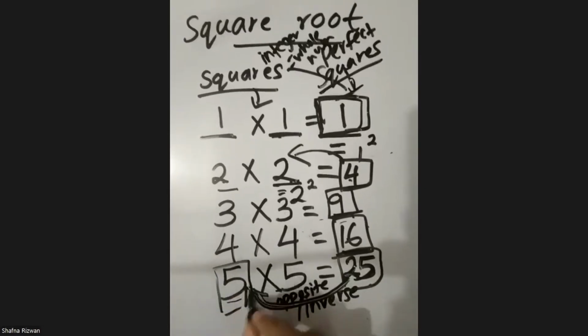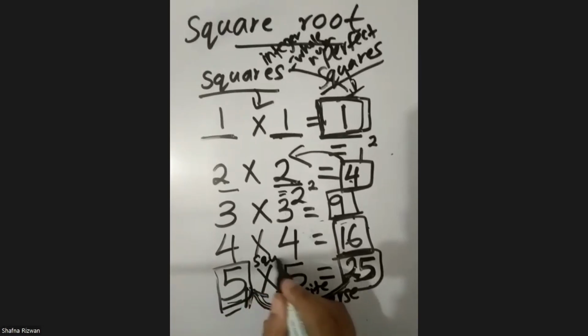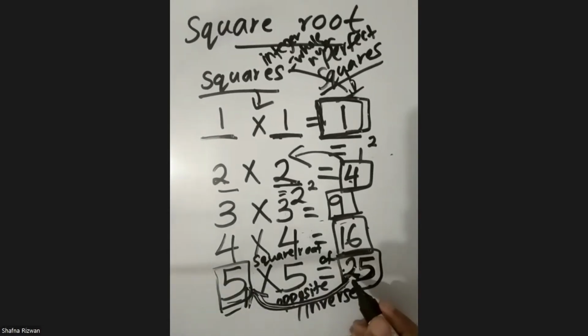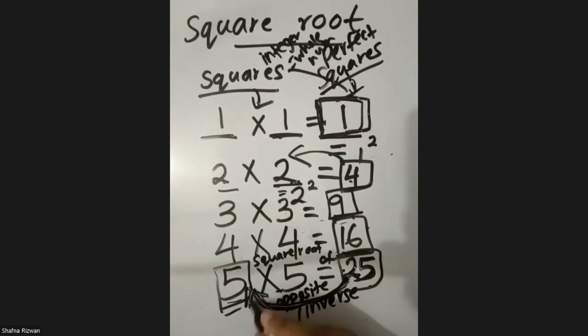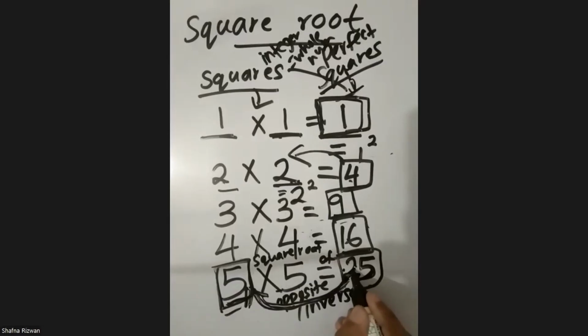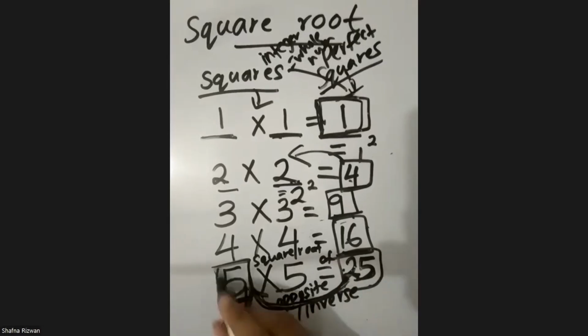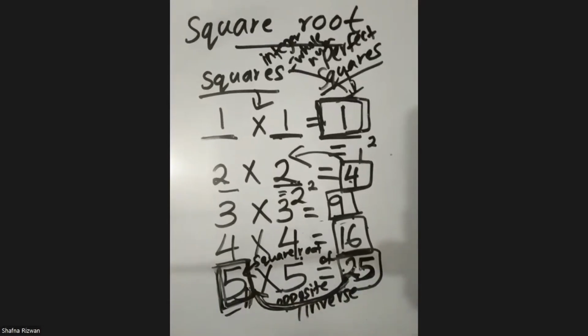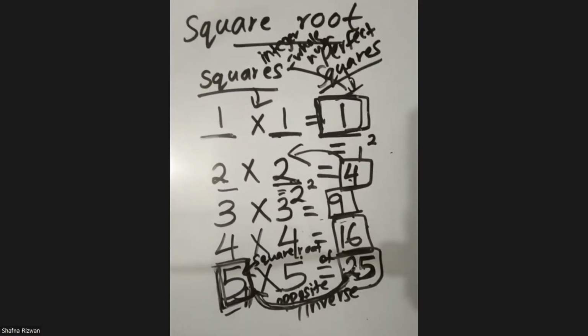That number you consider as the square root of 25. That number by which you multiplied is considered the square root of 25. I'll show it. It's just the opposite of squares.